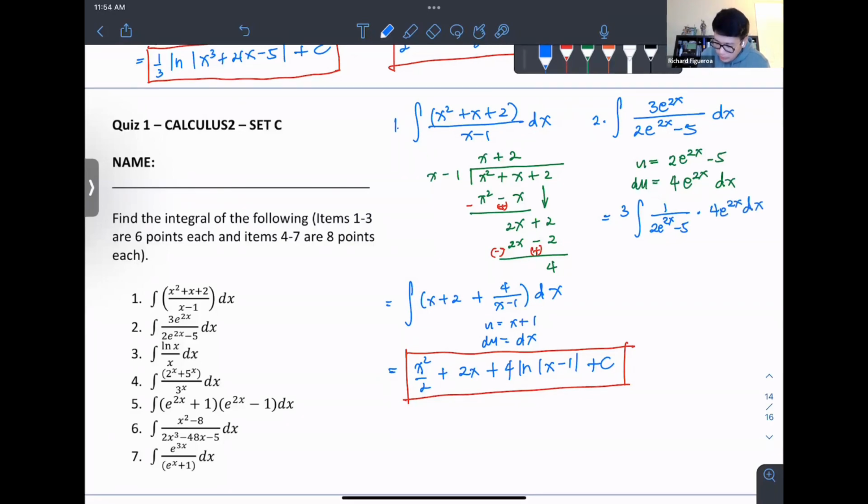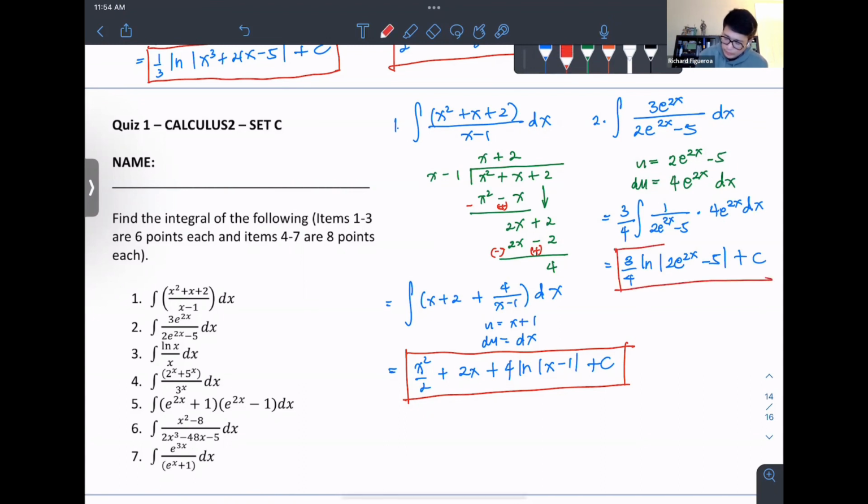So 4 is in excess, so we divide it by 4 there. Okay, so as we use the logarithm, this one will become 3/4 ln of 2e raised to 2x minus 5 plus c.